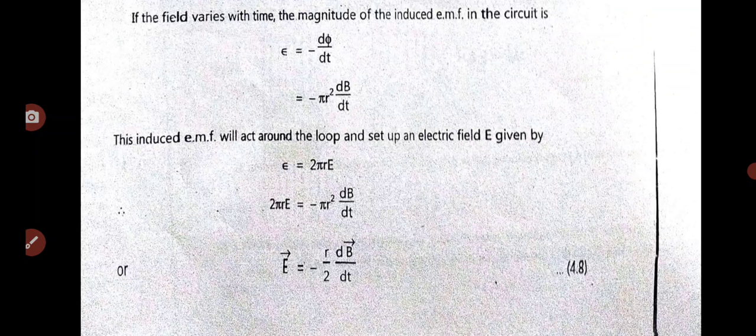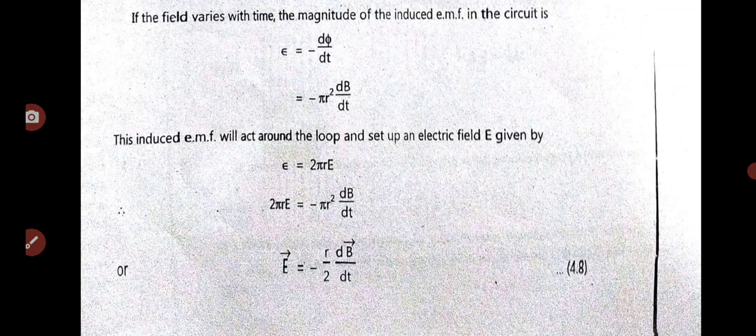So take the derivative, dB by dt. The induced electromotive force acting around the loop is epsilon equal to twice pi r into E, where E is the electrostatic field, and twice pi r is the circumference of this loop.